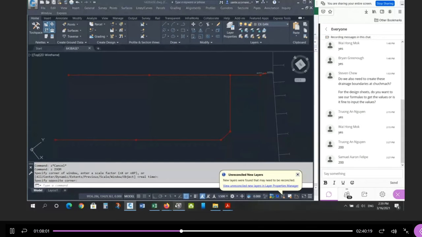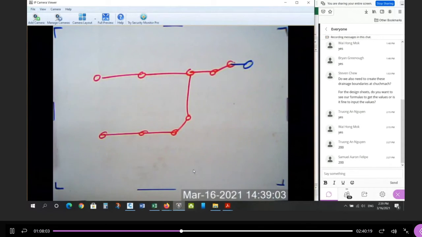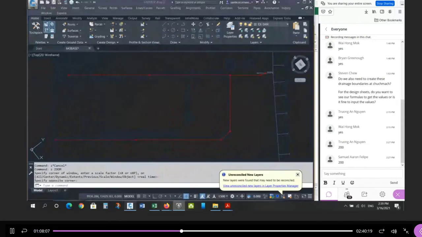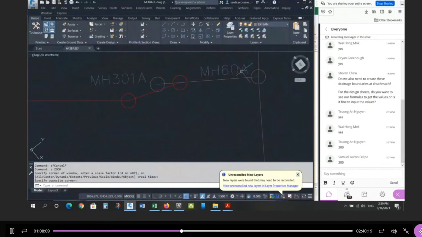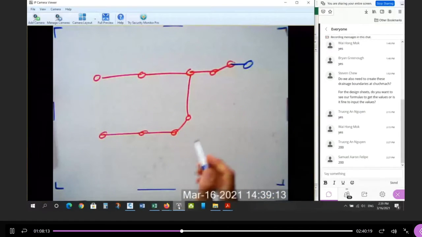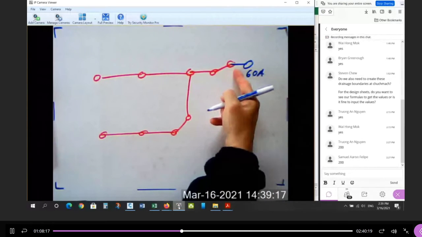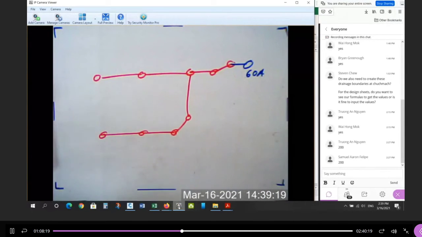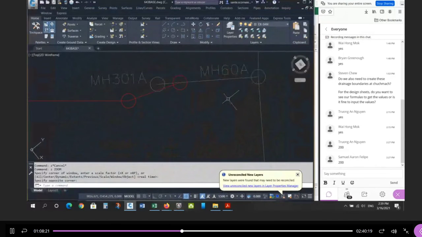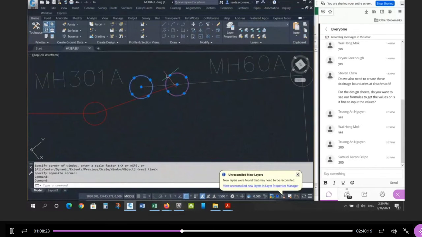Okay, so let's look at my hand sketch. Okay, so there's the sewer system. So this existing maintenance hole, according to the drawing, is maintenance hole 60A. That's this one, 60A. All right, so this is 60A for the sanitary. This one here, if we're moving it, and I am moving mine, you can see on the drawing it used to be over here, but I'm putting it over here.